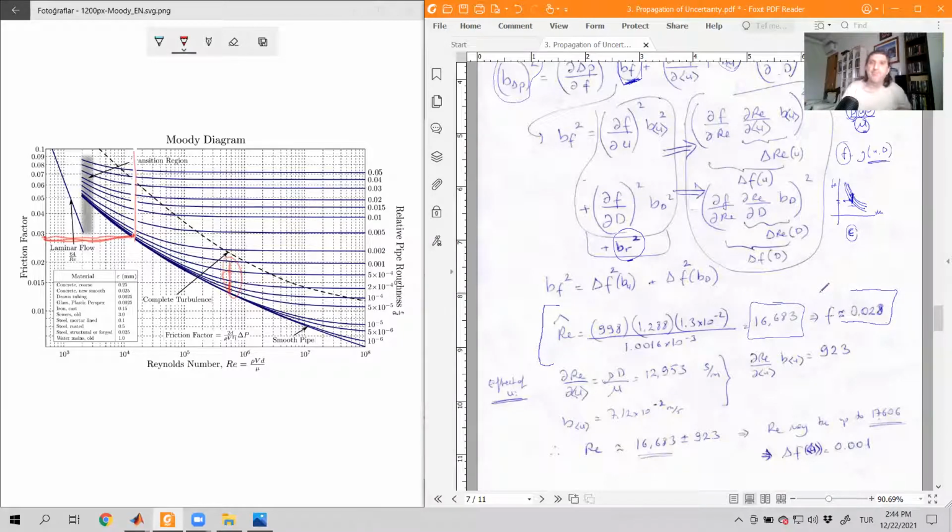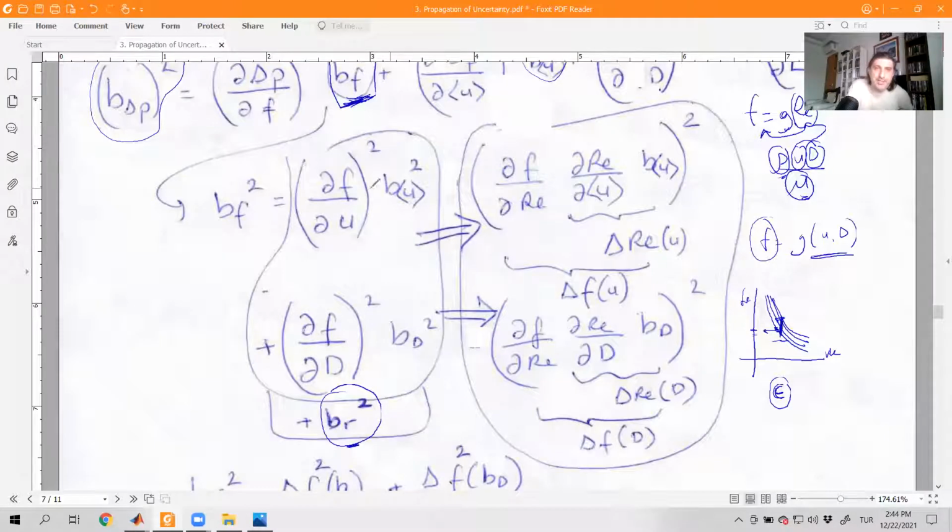Now, this equation simply says that B_F is equal to the addition of those three terms, and this last term I'm going to leave here for now. This part says the bias due to U. What we do not know is how the Fanning friction factor changes with respect to velocity.